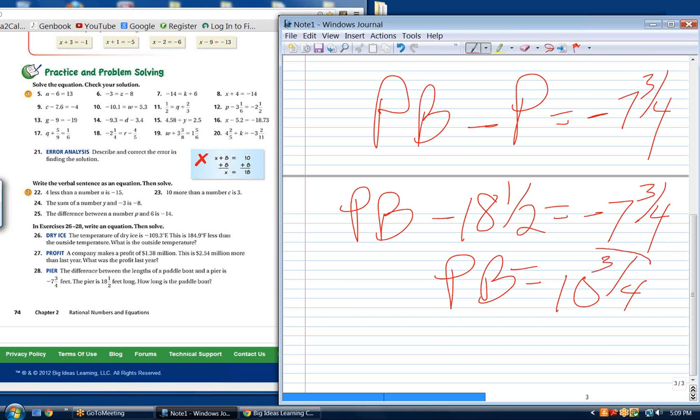Yeah, if I add this to this, I should get 18.5. And I do. Do you have a calculator in front of you? Yeah. Just do 18.5 minus 7.75. You should get 10.7. Oh. Well, I guess that's what I get for doing math in my head.